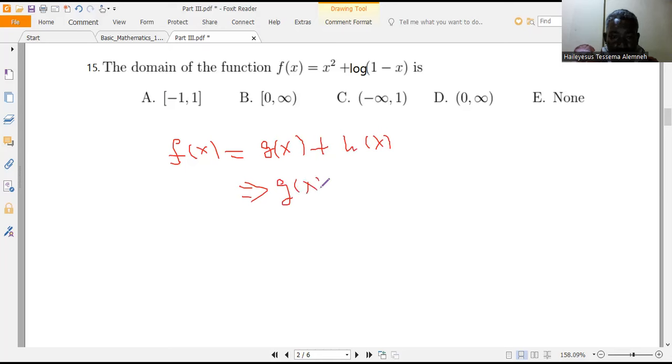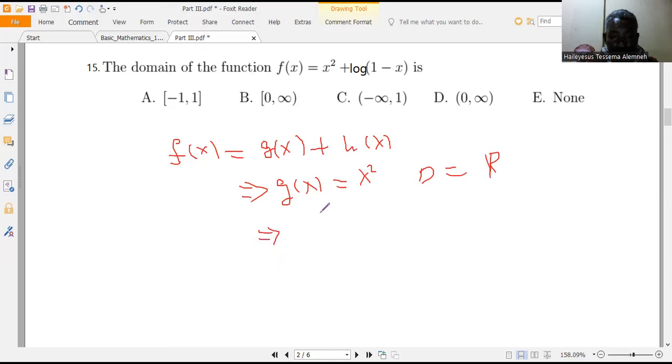The domain of this function is all real numbers. What about the domain of h of x?